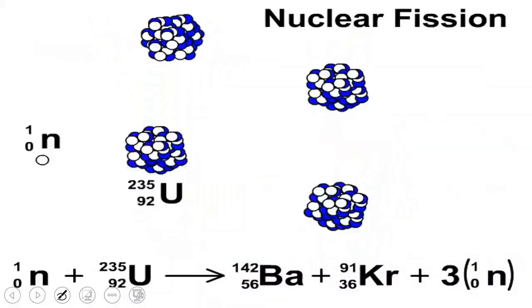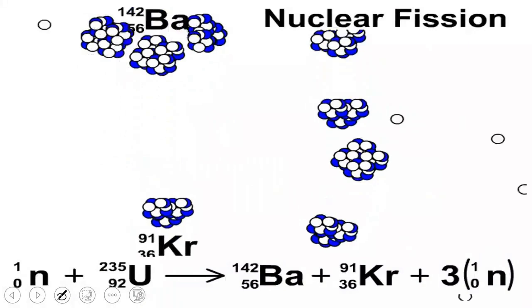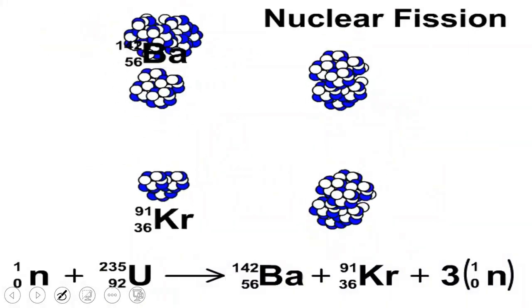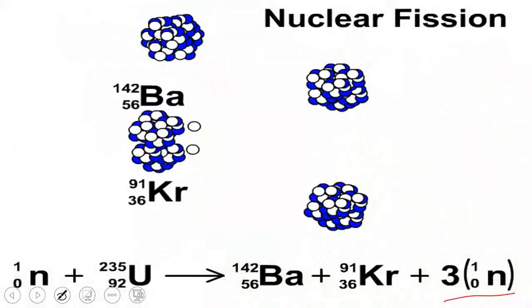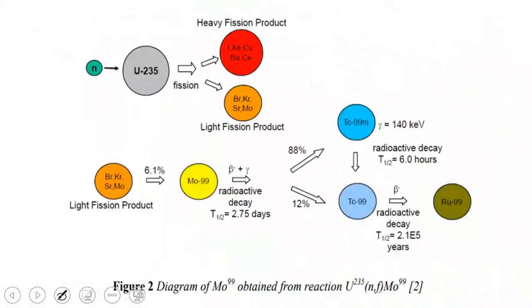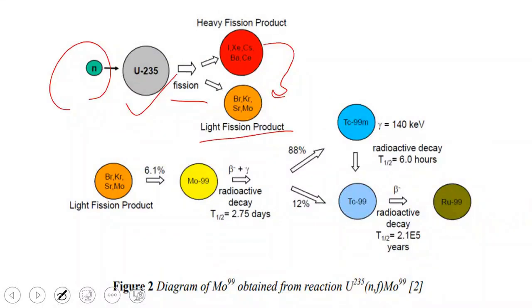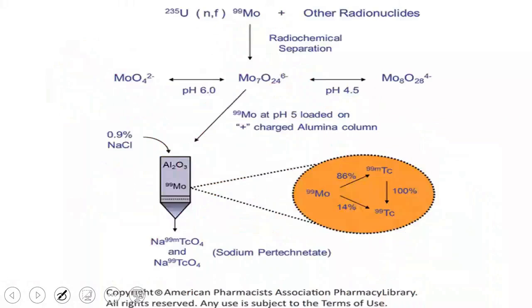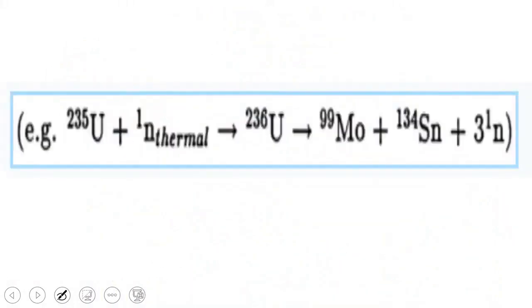An external neutron collides with new uranium, producing 3 neutrons with each interaction. I call these the fragments. Now these neutrons collide with uranium, causing fission, giving you your fragments, and part of it turns into molybdenum, which is radioactive, and from it I get technetium.